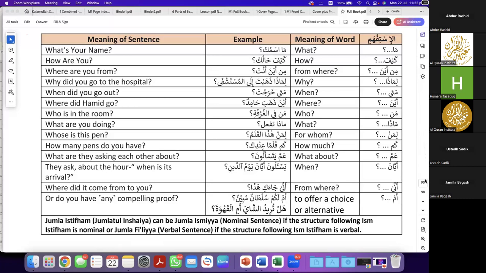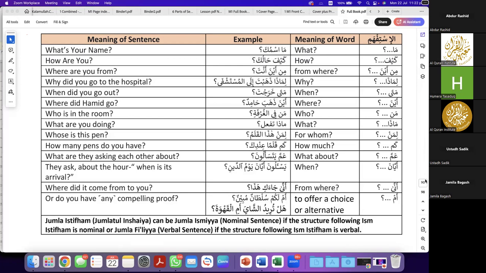Just a note in this category, Jumlatul Istifham comes under the category of Jumlatul Insha'iyya. So if you remember at the beginning of the course, we introduced the different types of sentences.